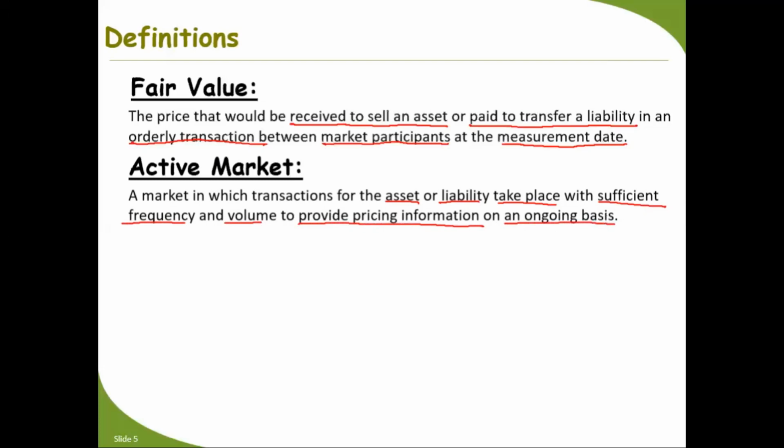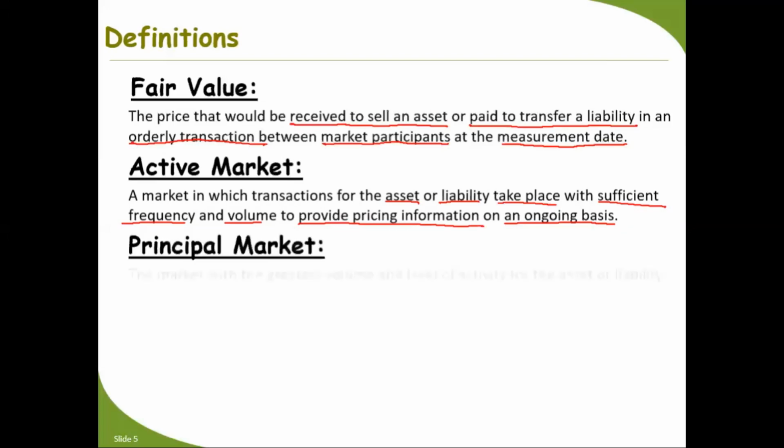It means this is a market where there are frequent transactions in the sale and purchase of that asset or liability, and the quantum of the transactions is large enough that you can get reliable information about the pricing.